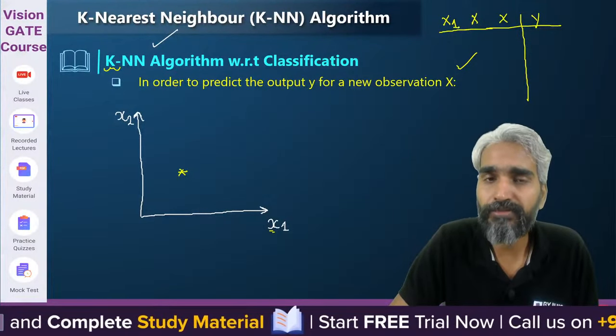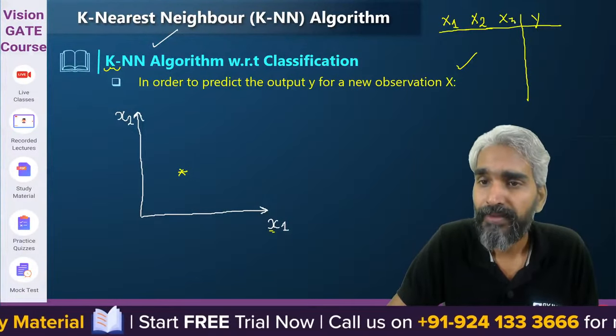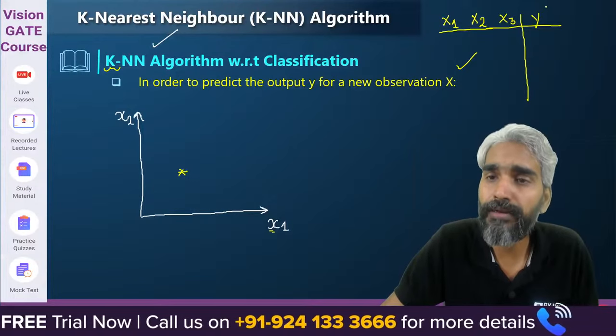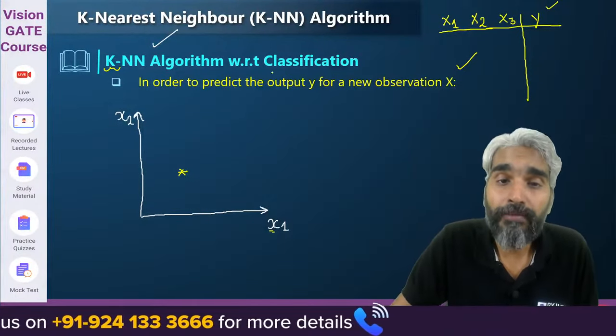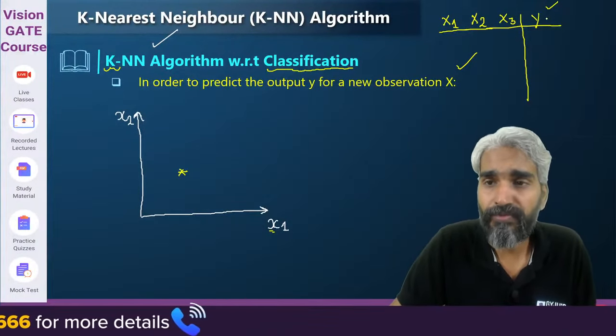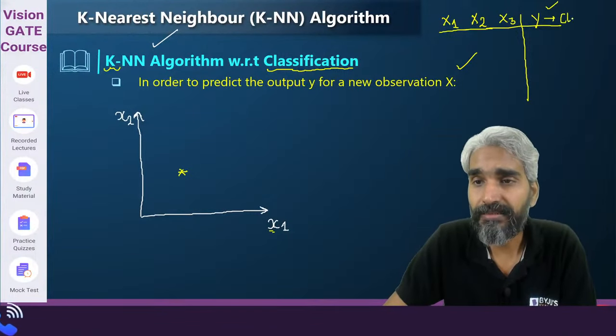Let me call it X1 is one independent variable, X2 is another independent variable, X3 is another, and on those independent variables your value of y will depend. But when we are talking about a classification problem, this value y will eventually define the class.